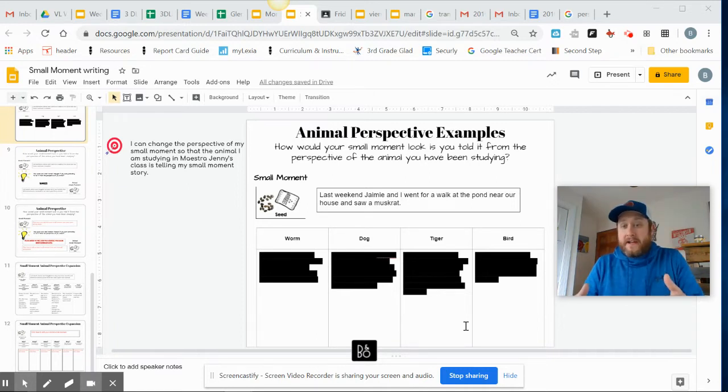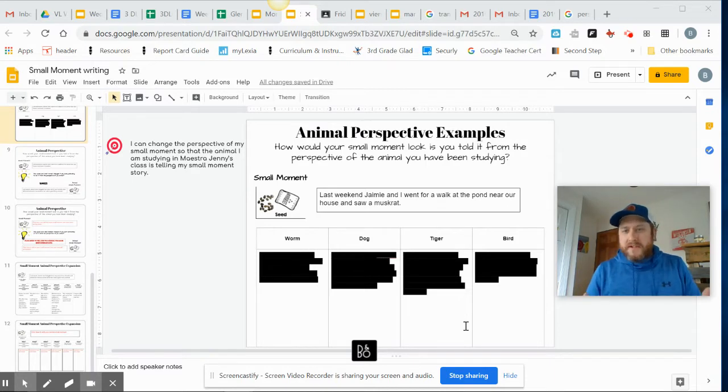They got dinner for everybody, but dinner only had to be one chip because the whole family of ants could be fed from one chip. Or they described the kid as being a giant because when you're a teeny tiny little ant, even a child looks like a giant to you. Okay, so that's what we want to try to do in our heads. We want to think about how these animals might act differently while still doing those same activities that we thought of in our small moments.